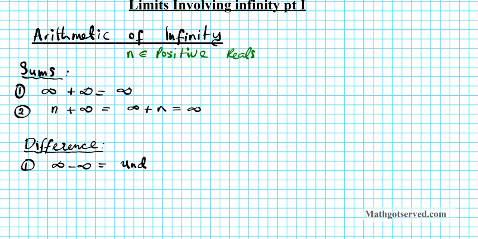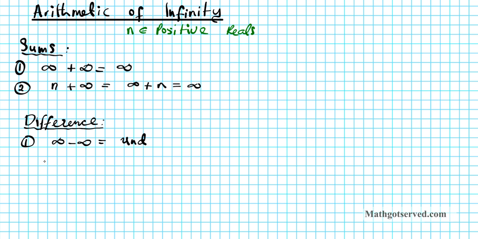You can't determine what infinity minus infinity is. Number two, a positive real number minus infinity is equal to negative infinity. Because this negative number is so huge that if you add a positive number to it, it has no change on this infinitely large negative number.